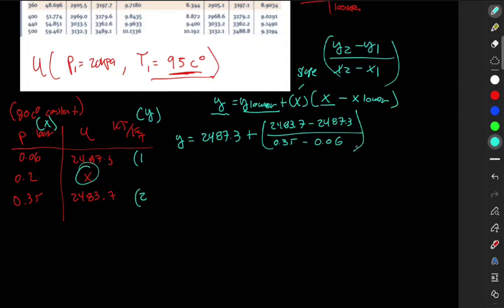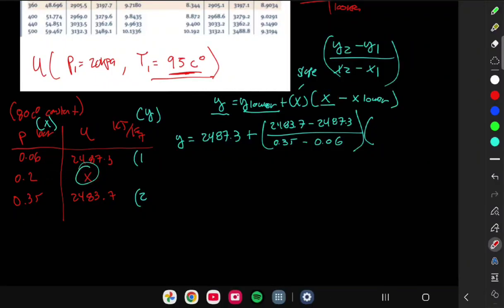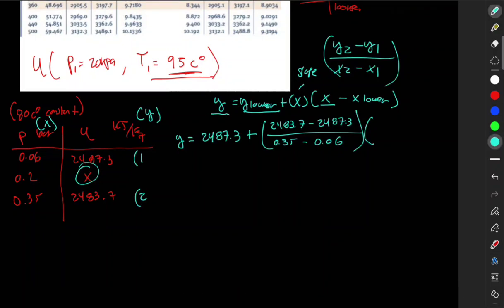So we have this, and then this x is corresponding to this y. So these two are the ones. So what does that tell me? That tells me that this is my x, 0.2 minus the one that's lower. The lower one is 0.06.